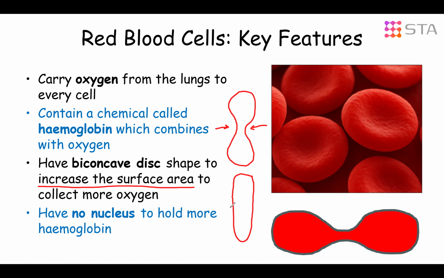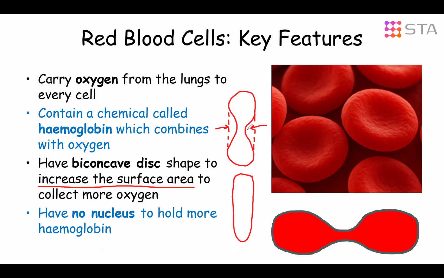So, if you have a look at a red blood cell as a disc, and then compare with a red blood cell that is a biconcave disc shape, the difference is this. If it was a disc, it would look like this. But because it's compressed in the middle, it's actually got all this extra surface. Slightly more surface than the actual disc. And this greater surface area means it can actually absorb more oxygen.